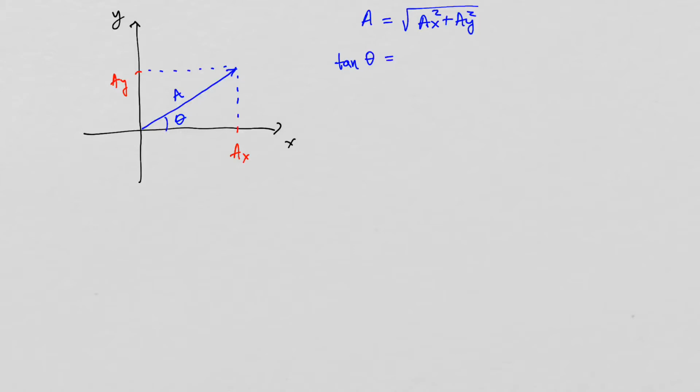So tangent of theta is equal to ay divided by ax, and from here theta is the inverse tangent of ay divided by ax. When a vector is presented as a set of two components, the x component and the y component of that vector, this is known as rectangular coordinates representation.